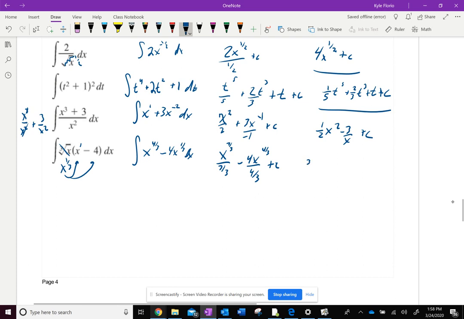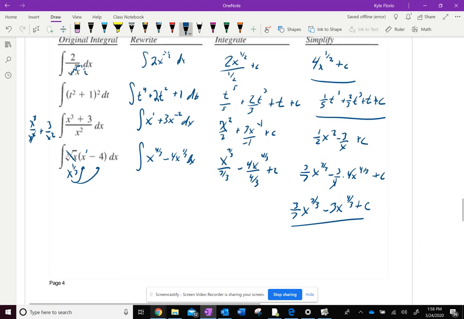Dividing by 7/3 is really just multiplying by 3/7. Dividing by 4/3 is the same thing as multiplying by 3/4. Plus some constant. These 4s are going to cancel out, so it's really just 3/7 x to the 7/3 minus 3x to the 4/3 plus some constant. And that's it.